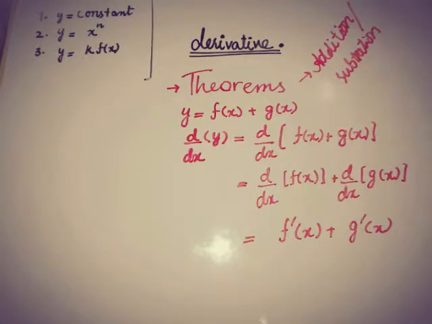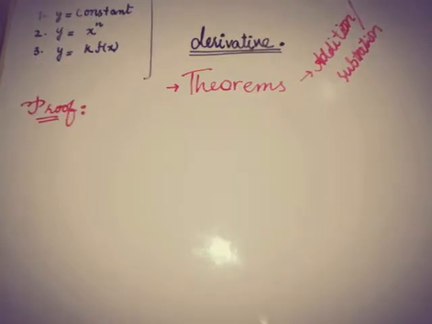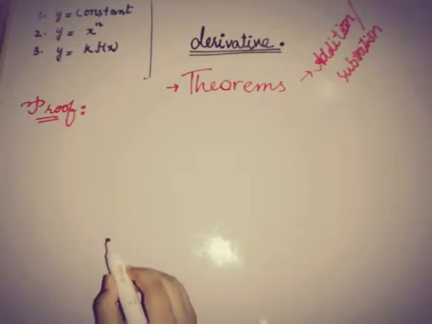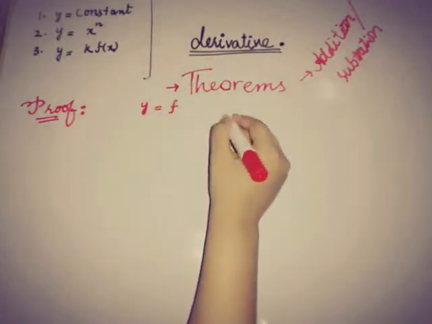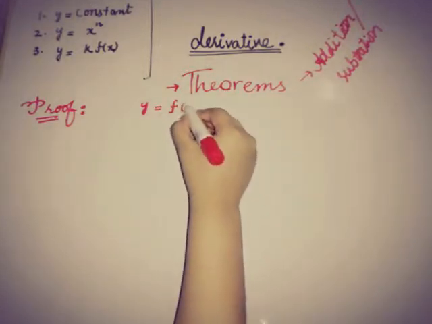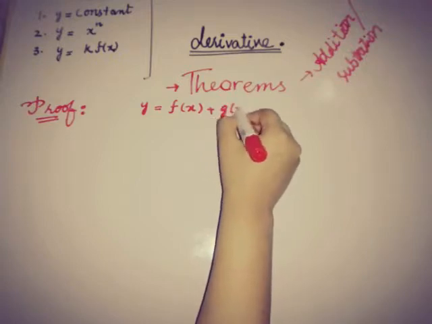Now we will have to prove it, by using the definition of derivative. So proving this theorem by using the definition, firstly we have to write the function, that is f of x plus g of x.